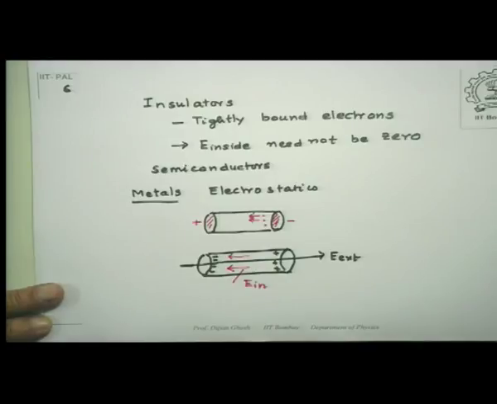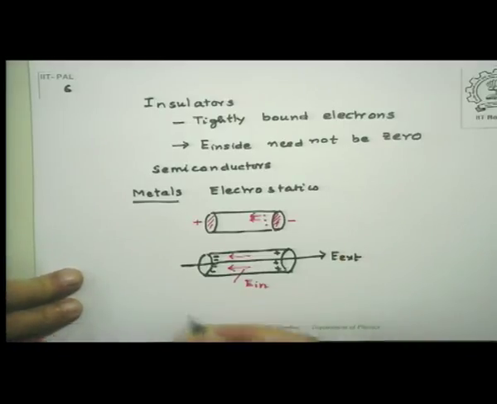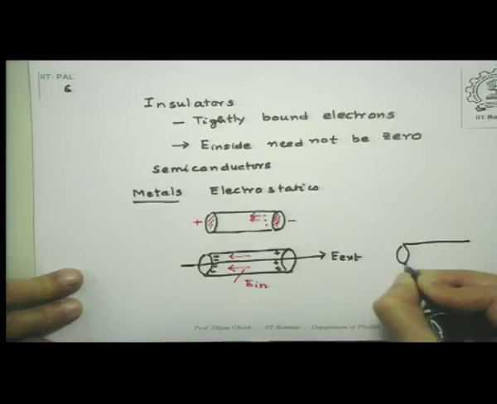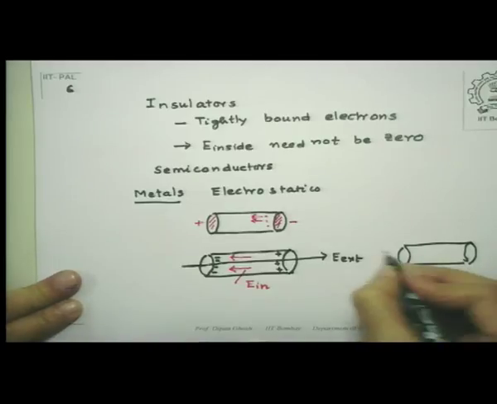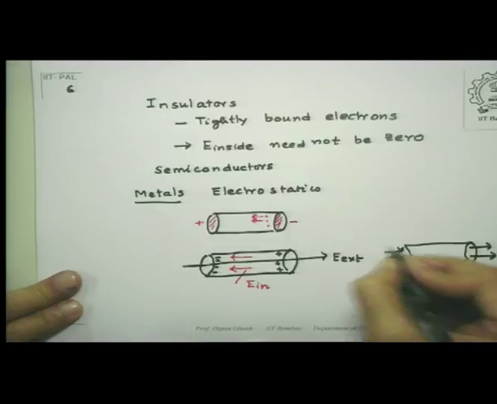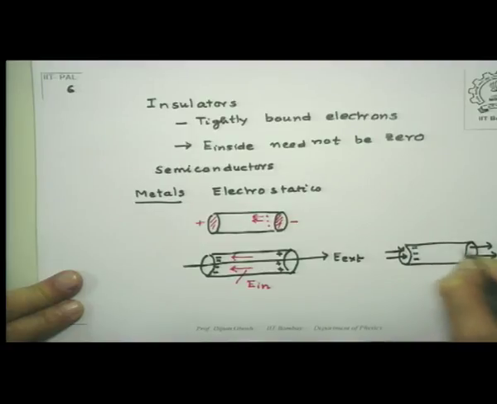Now this is precisely what happens, and the picture that emerges is like this: a conductor in an external electric field, the field lines are like this, no field inside. I have negative charges here, the positive charges there. This is my E external.